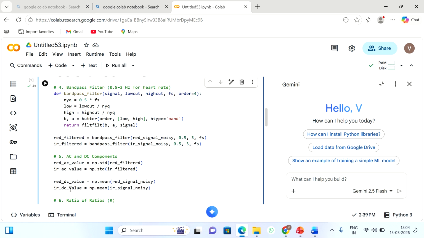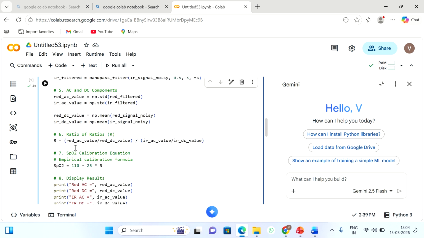So red underscore DC value is equal to np.mean of red underscore signal underscore noisy. In the same way, infrared DC underscore value is equal to np.mean of IR underscore signal underscore noisy.